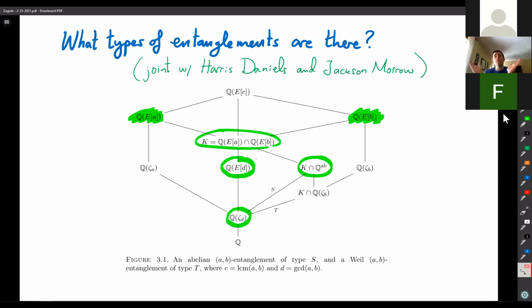So if the intersection comes because this piece that is cyclotomic has to be inside the other part, that we call a Weil entanglement. So in that case, we say that there is a Weil entanglement of type T in there. I'll give you examples of all of these things.